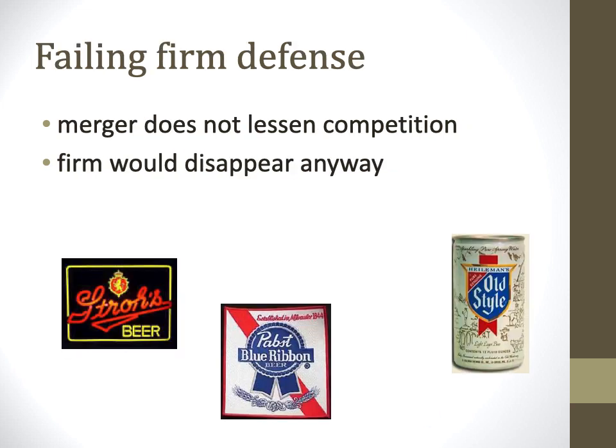And these were essentially unchallenged. Right, one of the defenses for antitrust in merger is if the firm was going to go out of business anyway, it would not reduce competition. And so many of these firms weren't going to make it. They were struggling, and this was a way to gracefully leave the business.